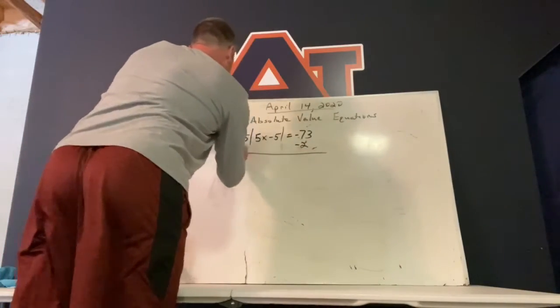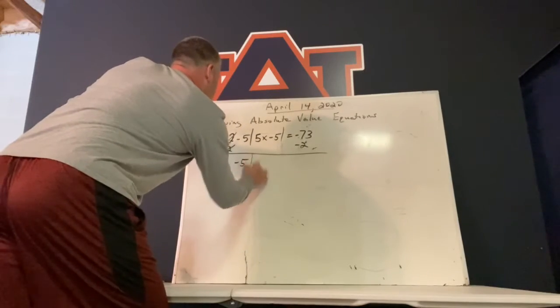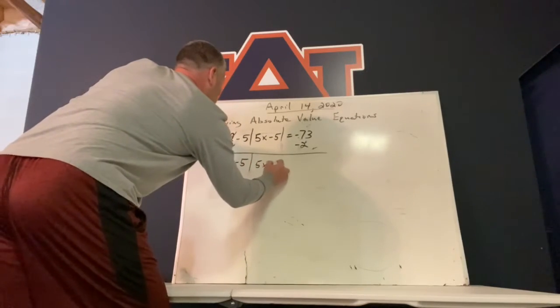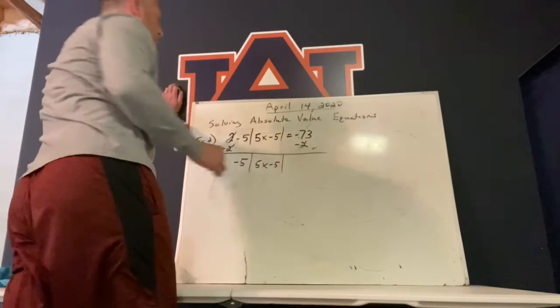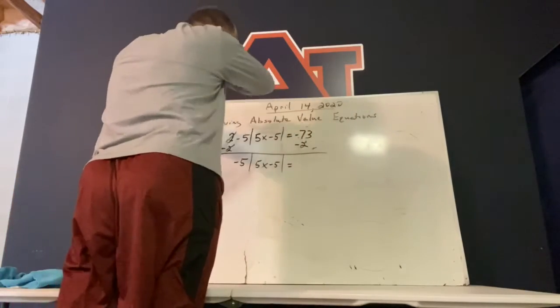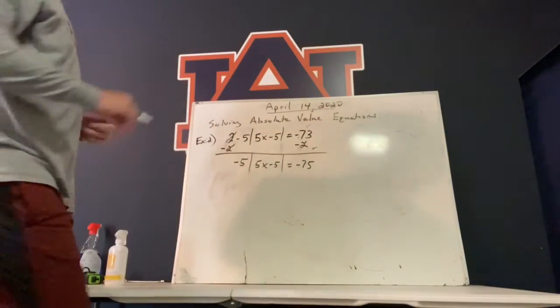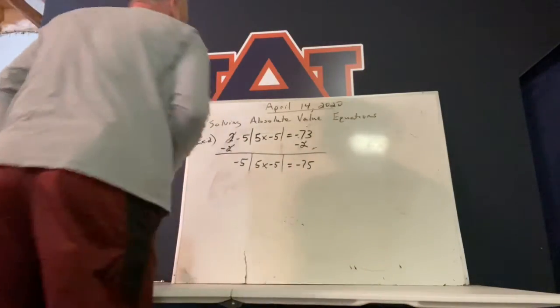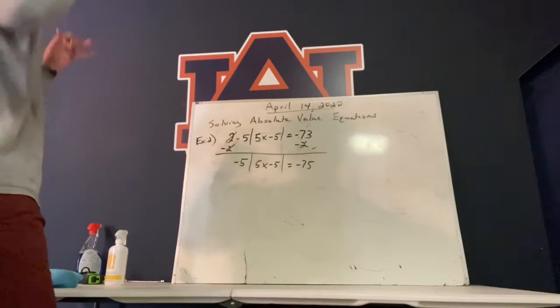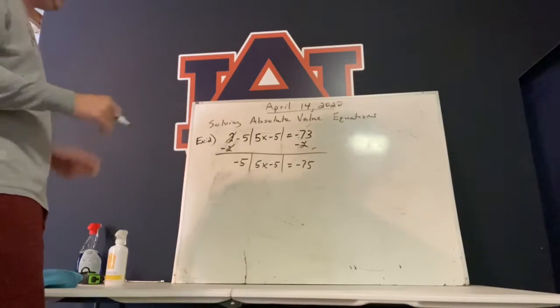All right? Now, negative 5 drops down. Negative 5 times the absolute value of 5x minus 5 equals, over here, negative 75. Now, I've still got to get rid of this negative 5 up front, because nothing can be on the same side as the absolute value bars.